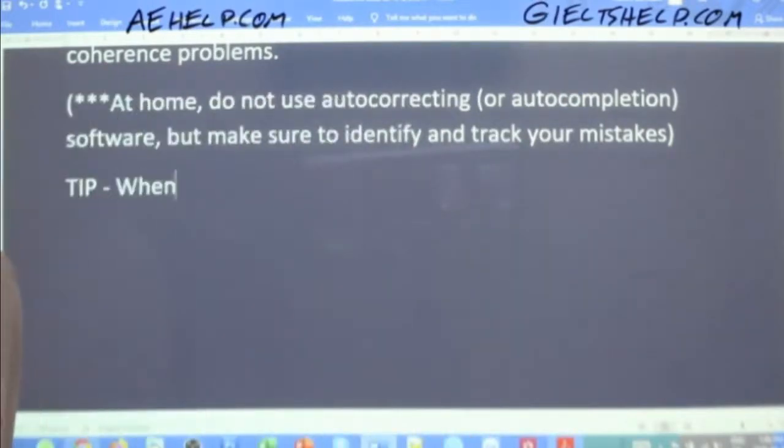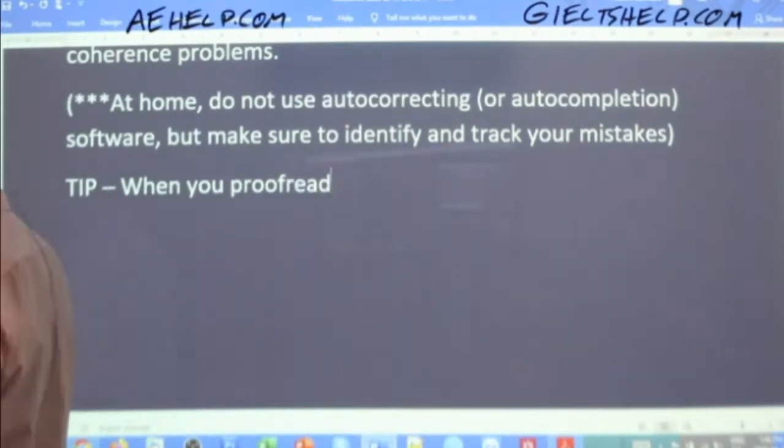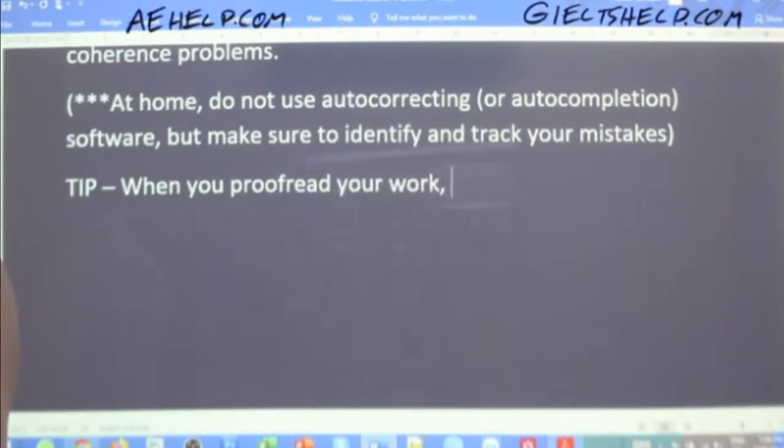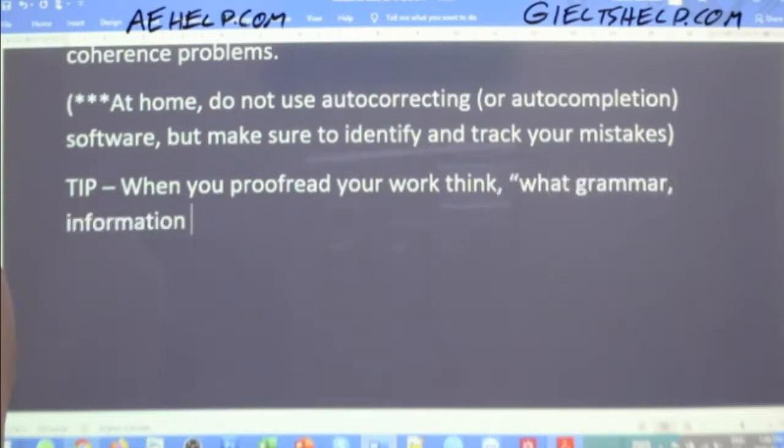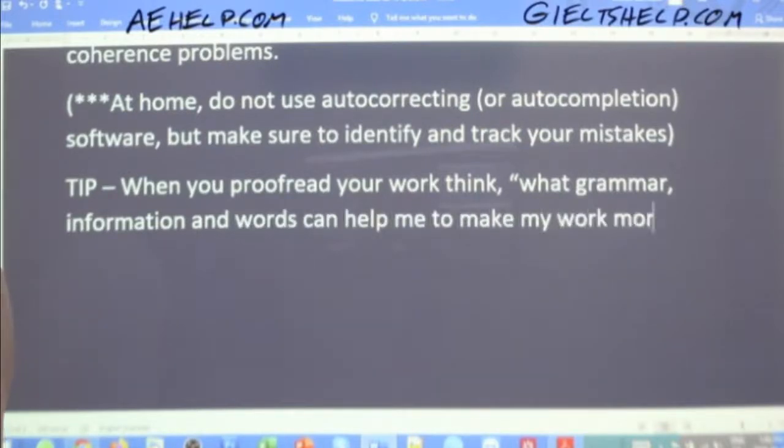When you proofread, especially at your level, Rajveer, because as you know you have a very high level of writing, band 8, band 9, think: what grammar, information, and words can help me make my work more concise? Okay, so that's what you need to focus on.